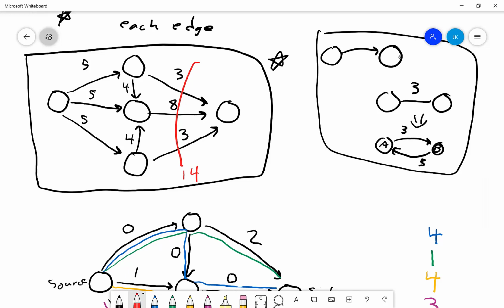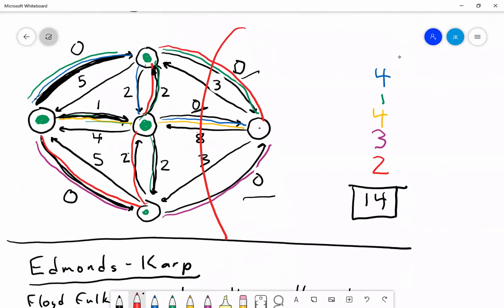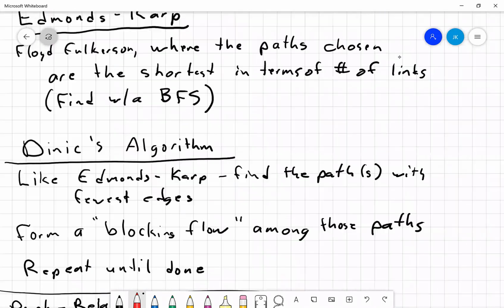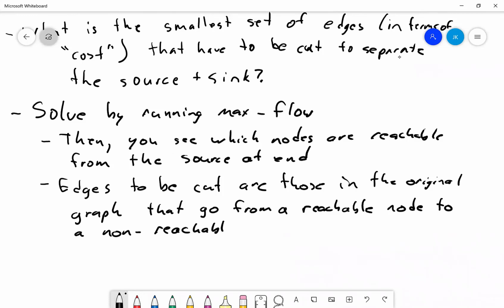So the max flow weight is the same. The cost is the same. And if you need to know the actual edges, it's just those there that were along that path. So that's how we get our max flow process and use it to solve the min cut problem.